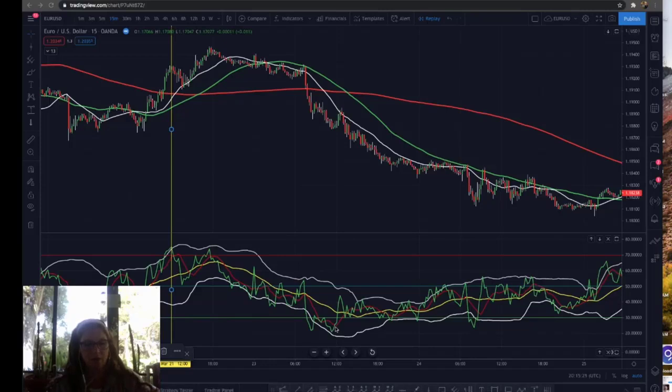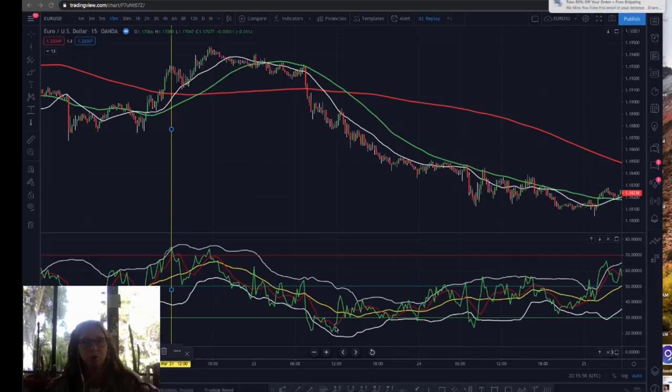Otherwise, without experience, most likely you're going to have a lot of losses and get discouraged and think that this doesn't work, and it absolutely does. I have doubled my account multiple times with this. So we're going to start out on the Forex and show several trades on the Forex, and then we're going to jump over to crypto and show several trades on crypto.